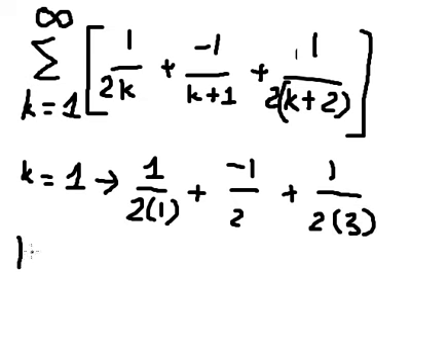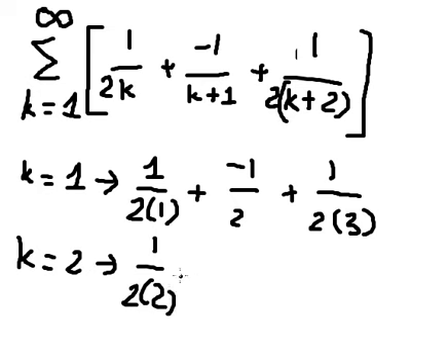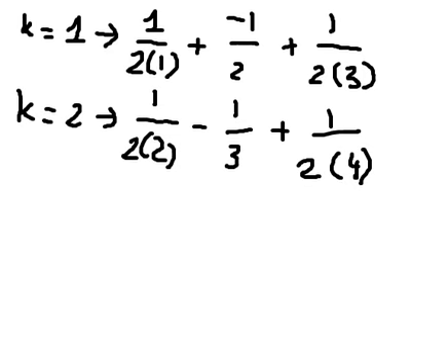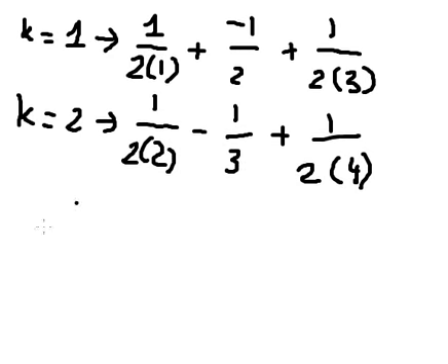Now, let's go to k equals 2. So we put 2 in here. This one we have negative 1 over 3. This one we have 4. So let's go to k equals 3.